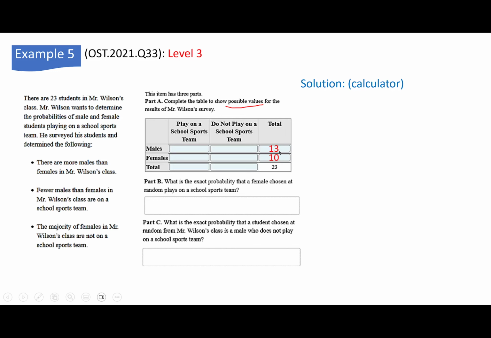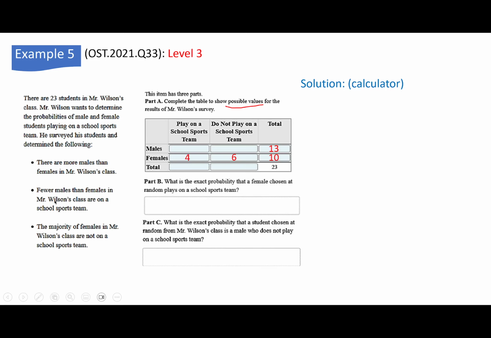You can put 12 and 11 if you want, so that would work too. Now, here it says the majority of females in Mr. Wilson's class are not on the school sports team. This is 10 total female. The majority means more than 5, that's 6. So you can put 6 here. You can put 7 if you want. 6. So now, since I have this information and this information, now easily I can find that this one will be 4 for sure.